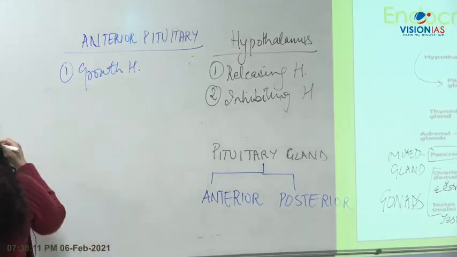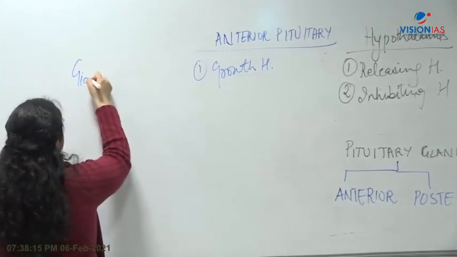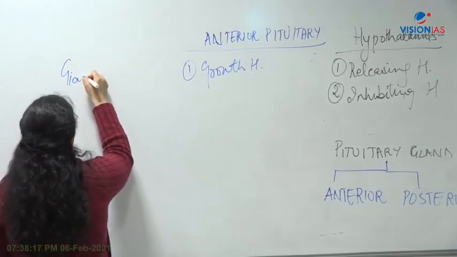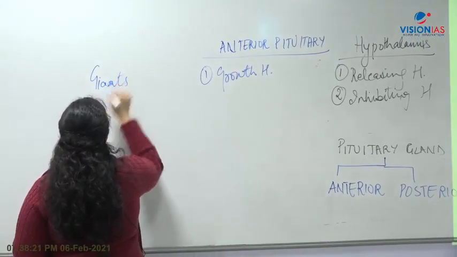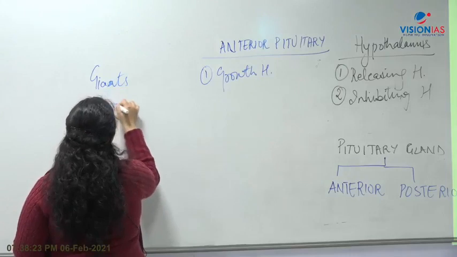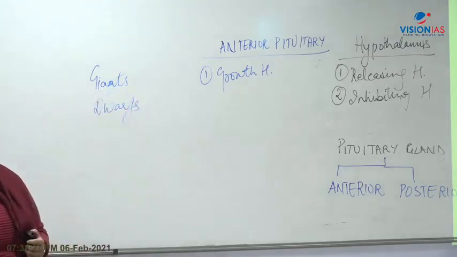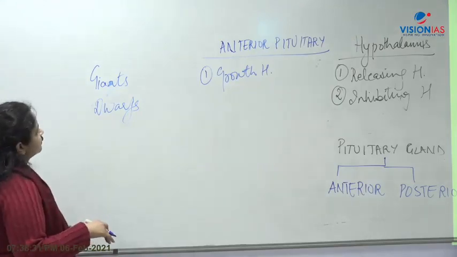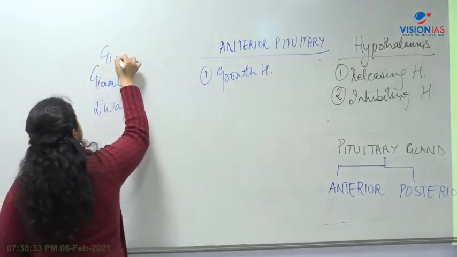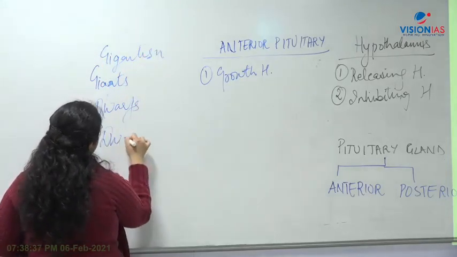So, there are two conditions. Giants and dwarfs, right? Or you can say gigantism, dwarfism.